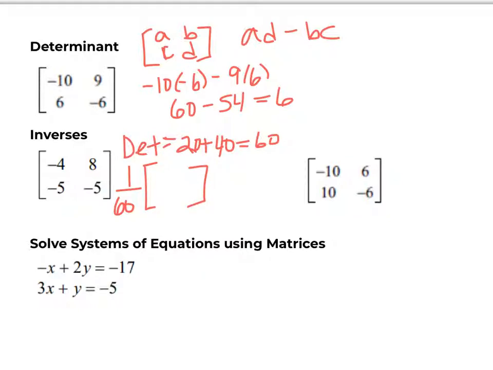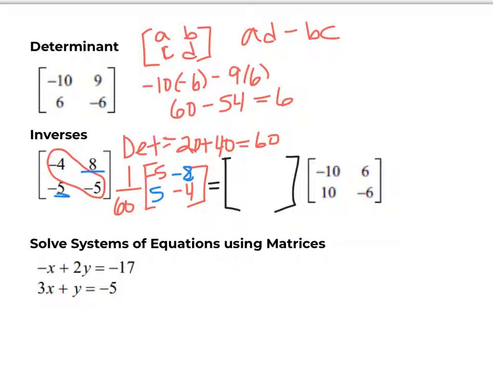I then take my determinant, I do 1 over my determinant, I switch the location of A and D, and then I change the sign of B and C, so negative 8 and positive 5. Now I distribute in the 1 over the determinant.